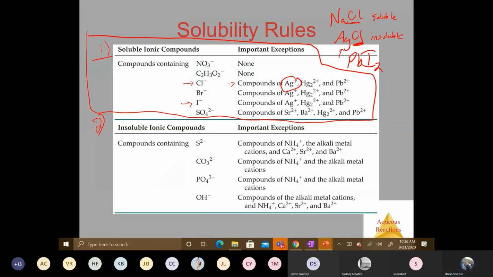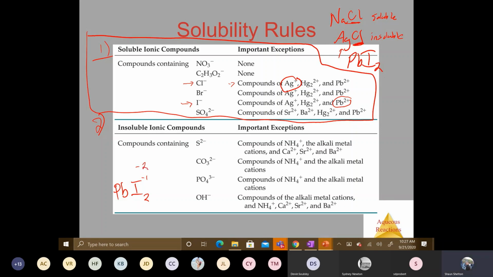Silver, mercury, and lead +2. All right. Now it's got to be lead with a +2 charge. So I'm going to look at lead here. From the periodic table, we see the charge of iodine being -1.